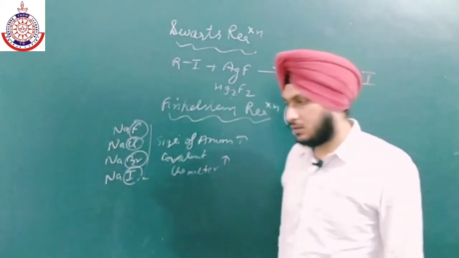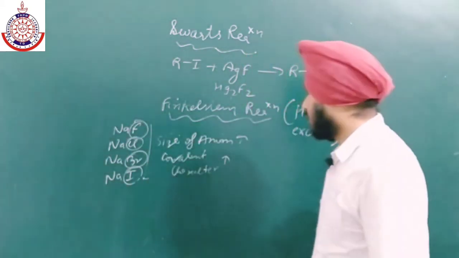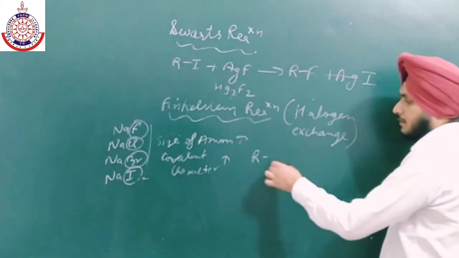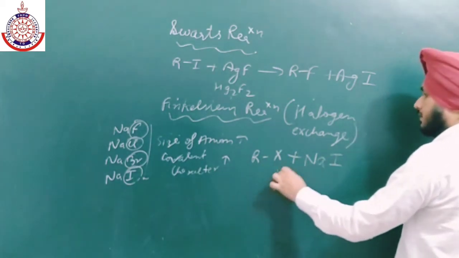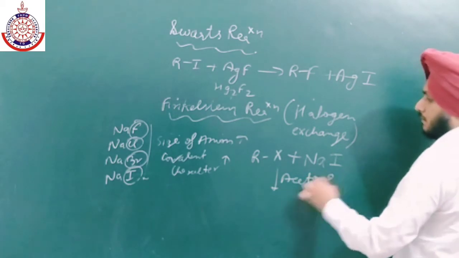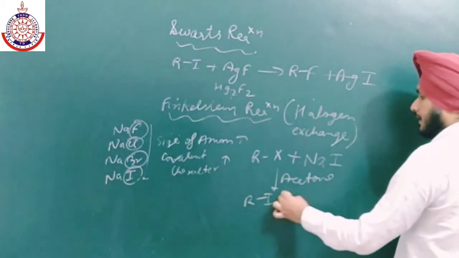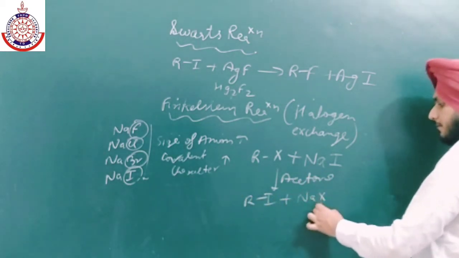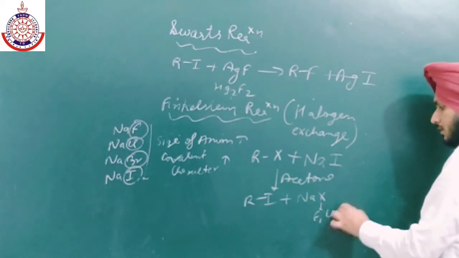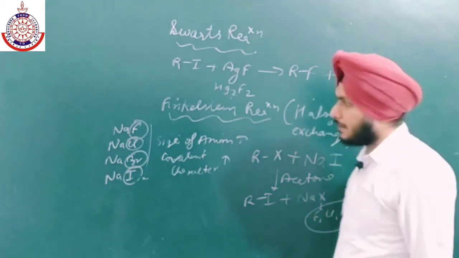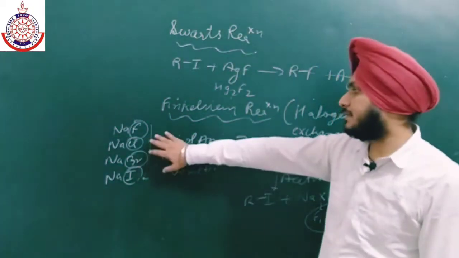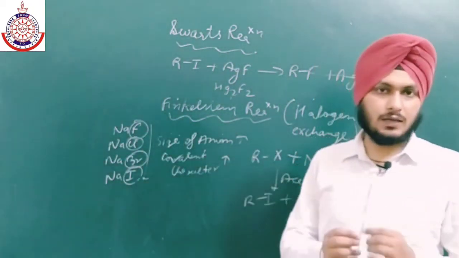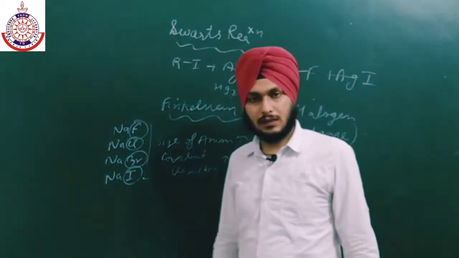like RX plus NaI, and in the presence of acetone we will get RI plus NaX, where X can be fluorine, chlorine or bromine. Similarly, NaBr can easily replace chlorine and fluorine, and NaCl can easily replace fluorine, but NaF cannot replace any of the halides.